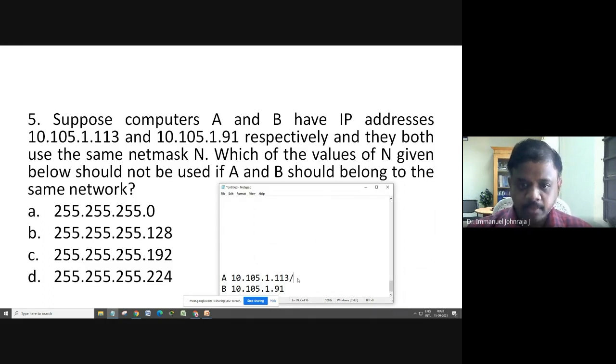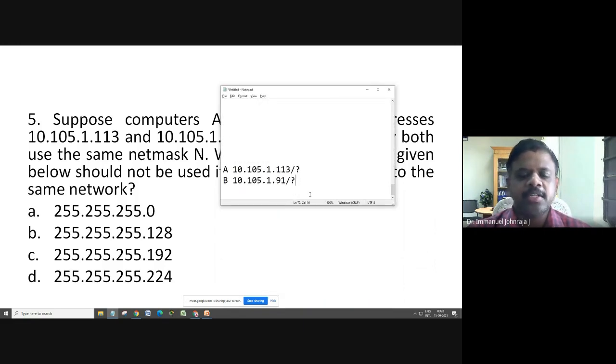They both use the same network mask. We do not know what it is. Which of the values of n given below should not be used if A and B should belong to the same network? This is a tricky question. There are two computers, A and B, probably connected through a wire.